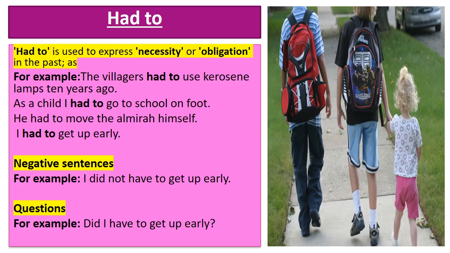He had to move the almirah himself. I had to get up early. मुझे जल्दी उठना पड़ता था. So it was a necessity. Negative sentences. I did not have to get up early. Question. Did I have to get up early?